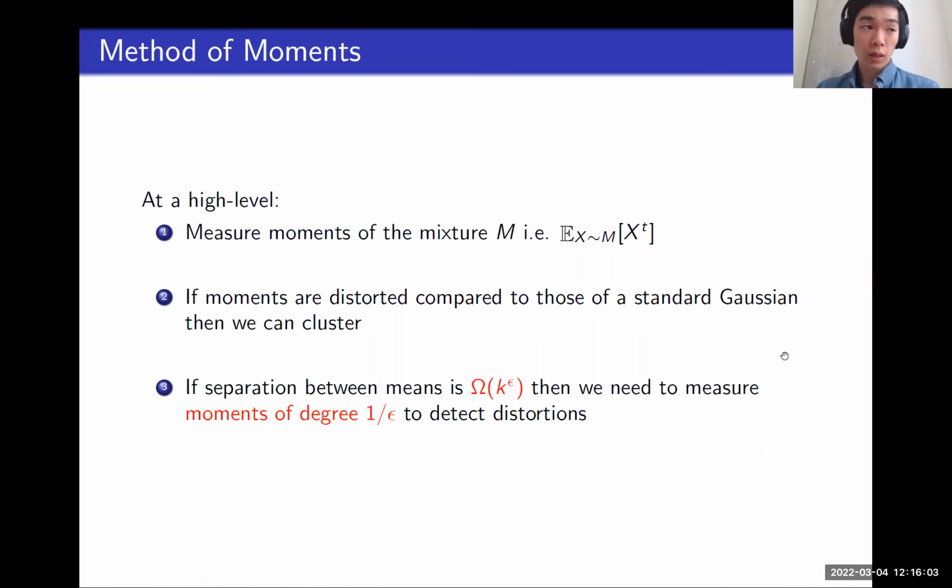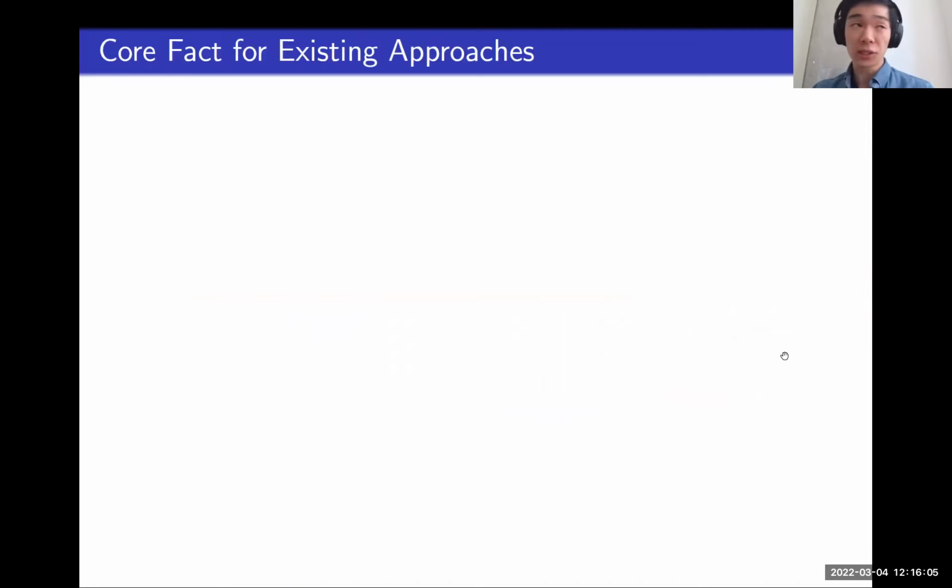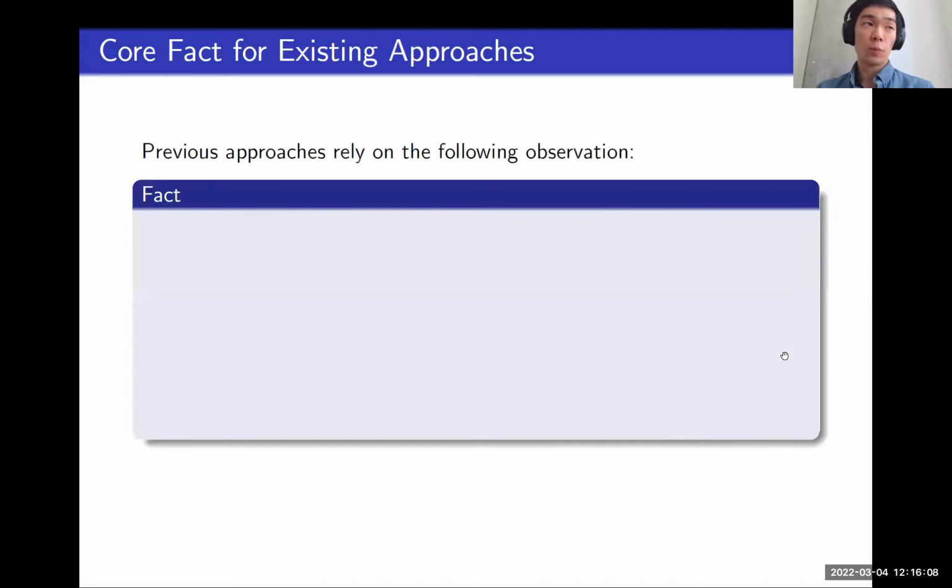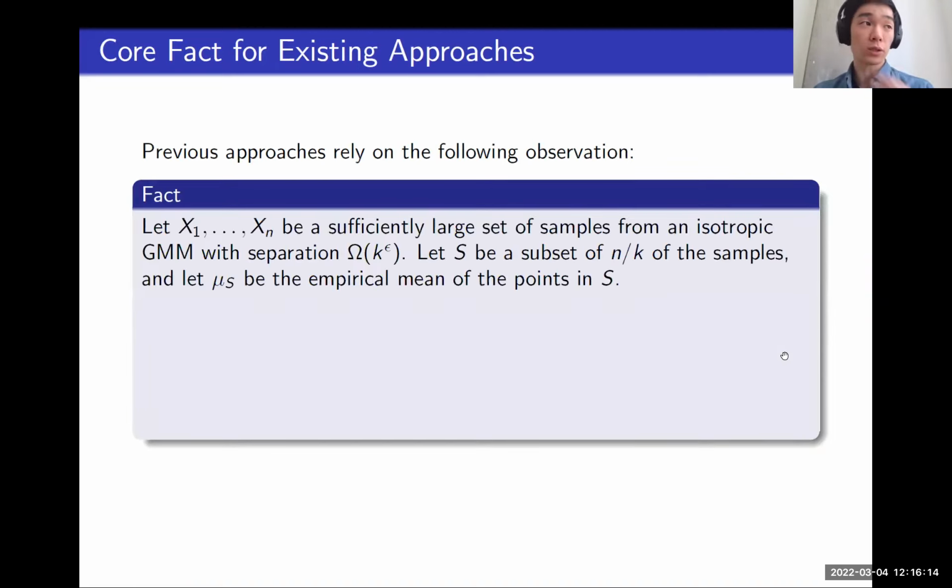And to make this a little bit more formal, previous approaches rely on the following observation. Consider some set of samples from a mixture of isotropic Gaussians with mean separation k to the epsilon, and now consider any subset of 1/k fraction of the samples.